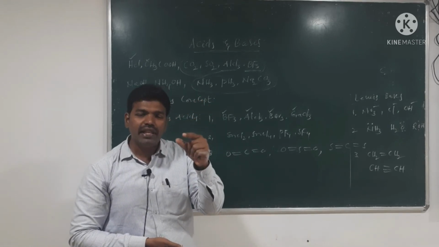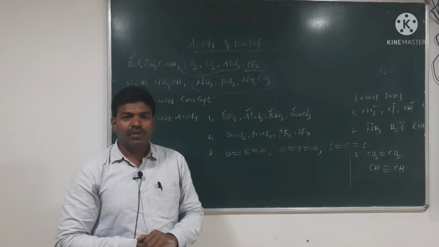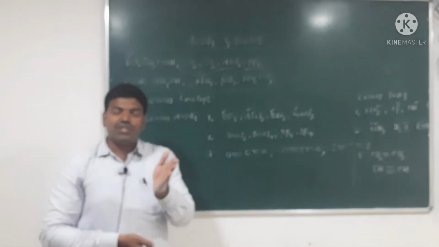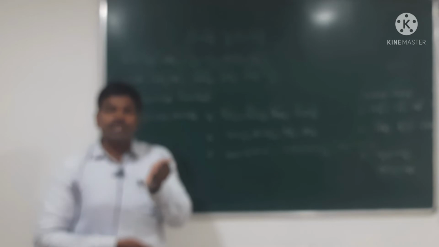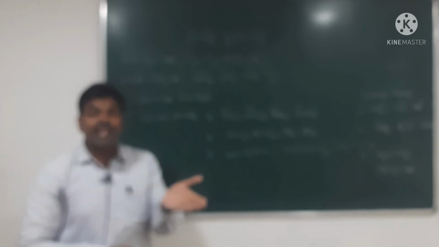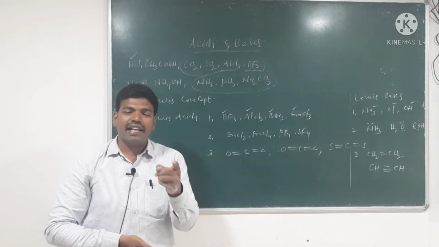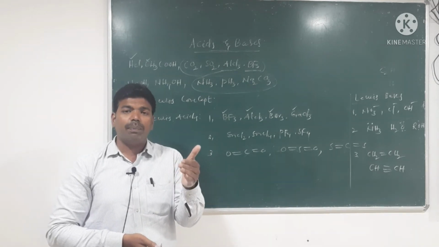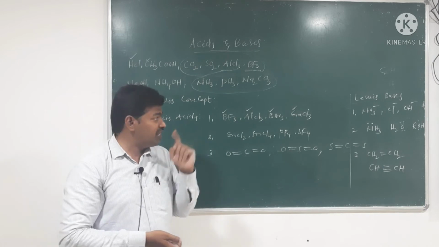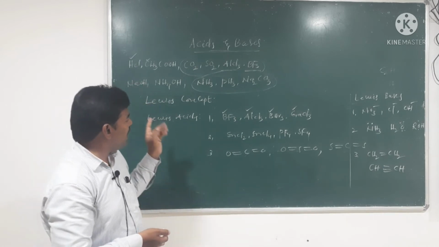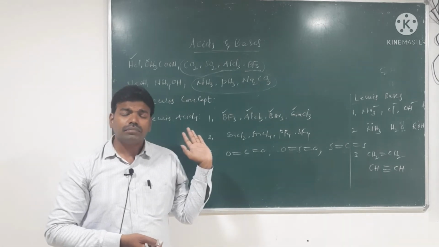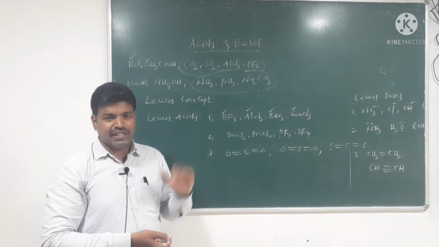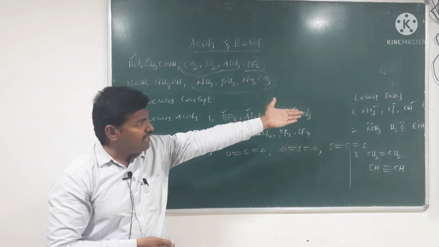From these three theories, we can conclude that all Bronsted bases are Lewis bases, because a Bronsted base is a proton acceptor and a Lewis base is an electron pair donor. If you observe, the OH minus ion is a Bronsted base, and it is also a Lewis base.